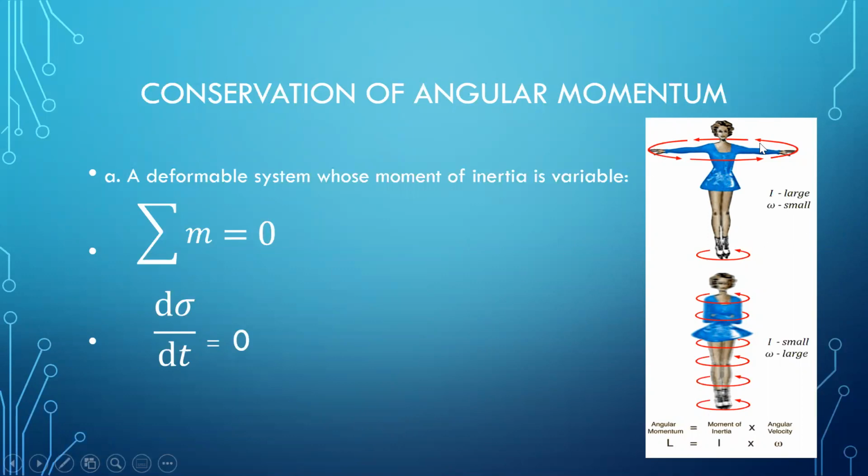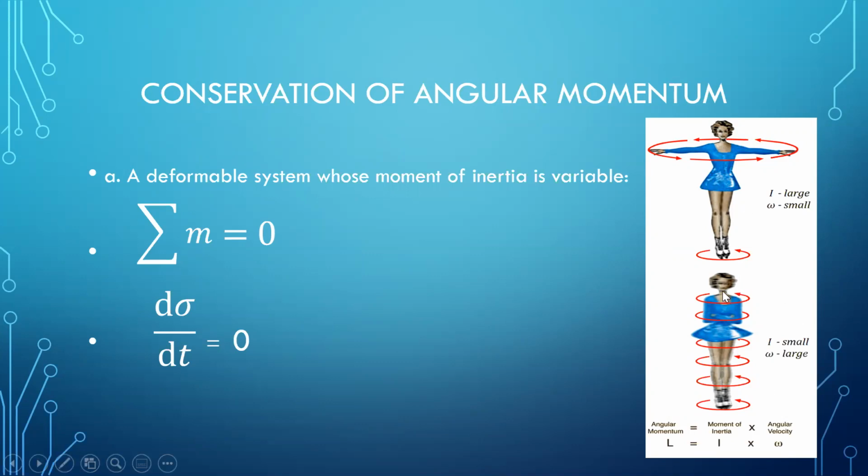In the first part, the girl spreads out her arms and she's rotating with a large moment of inertia. Because if we consider this to be a particle, and we take the standard mr squared formula of the moment of inertia, r here, or the radius, is at a maximum distance from the fixed axis, which is the body of this skater.